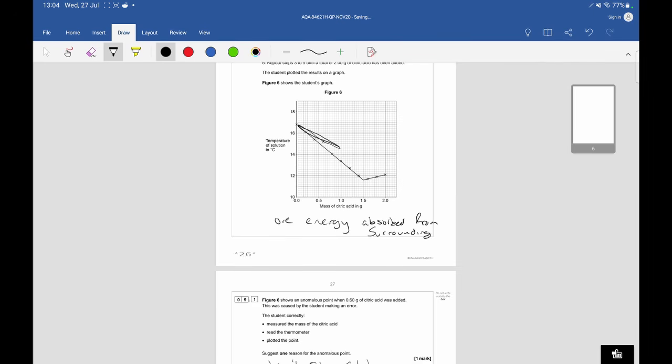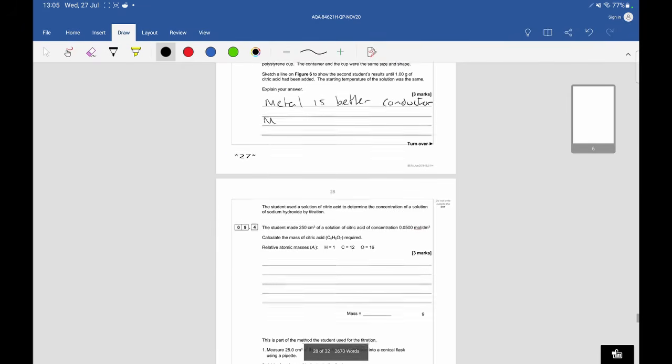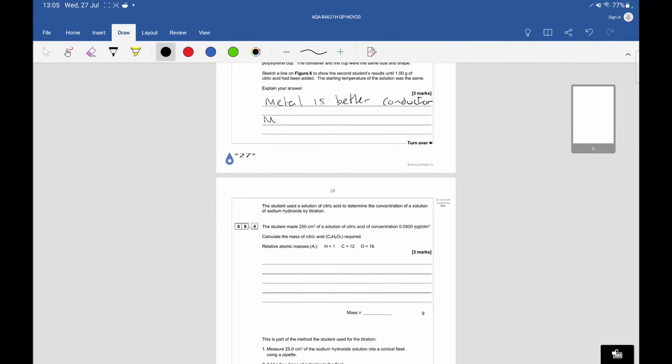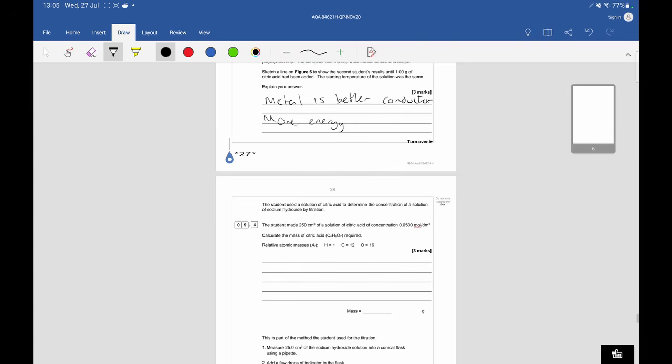A straight line again. I'd do that with a ruler, but I don't actually have a ruler that I can use on my screen currently. It's going to be a single straight line from 1 to there. And that's all because the metal's a better conductor, so more energy is absorbed from the surroundings.